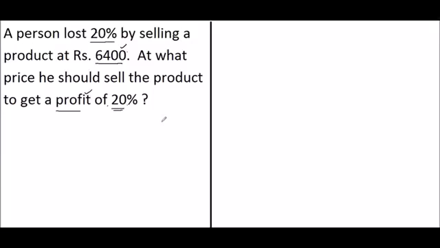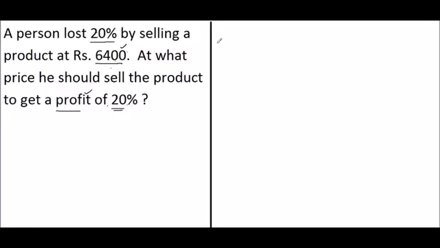Basically, this is the method. First, using selling price and loss, I get the cost price. Now, adding 20% to that one, because I should get a profit, you need to add 20% of the cost price to the cost price to get the selling price. But it is a very, very lengthy way.